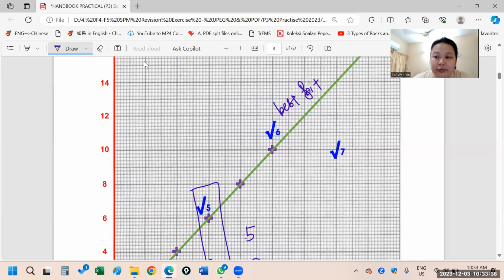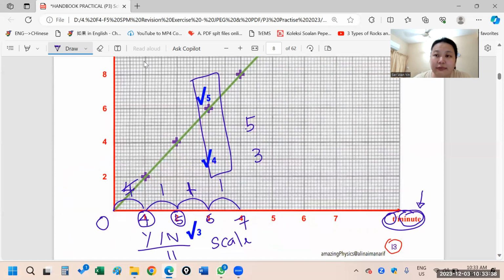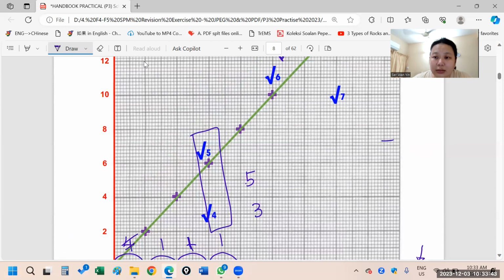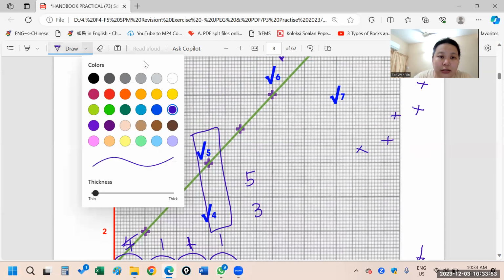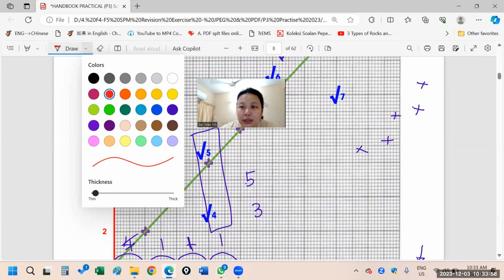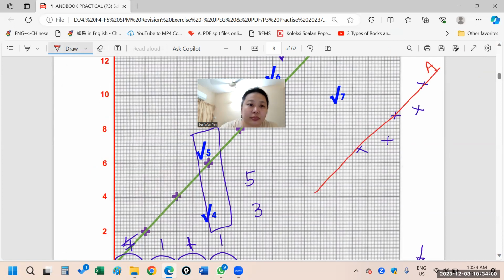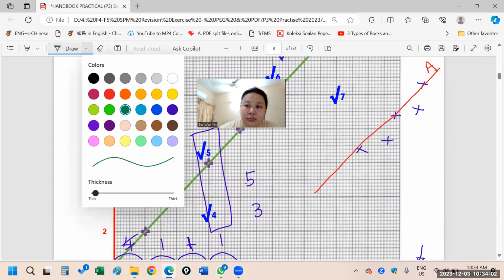Okay. So then number 6 is best fit line. If you can get this, congratulations. Very good. If you cannot get it, for example, you get like this. Here I draw 3 lines. Your data is like this. This is A. Do you think A is best fit line?